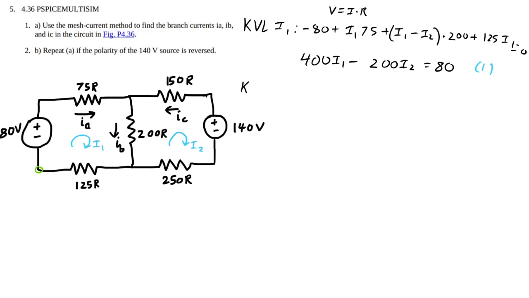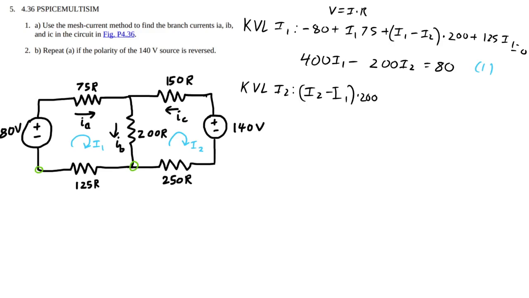We're also going to do another KVL for the second mesh current. I'm going to start here again. It doesn't matter where you start. It's all about just making that complete path. So we have I2, or once again, I1 minus I2, or actually no, this is going to be the other direction. So I2 minus I1 times 200.